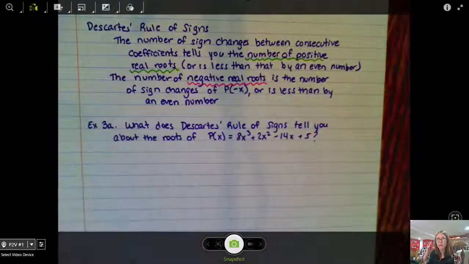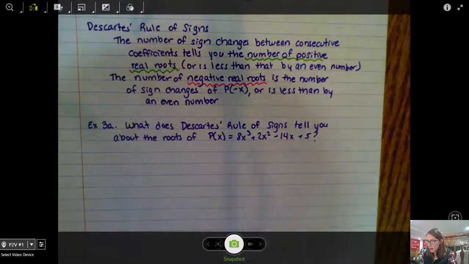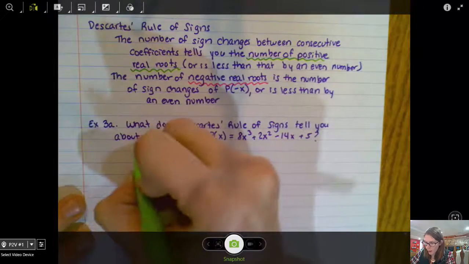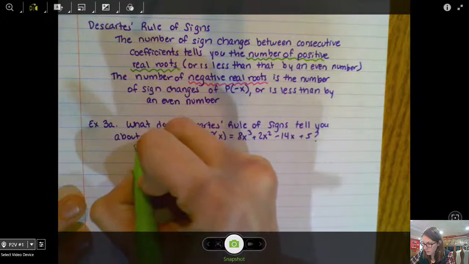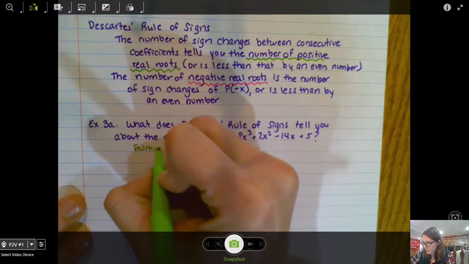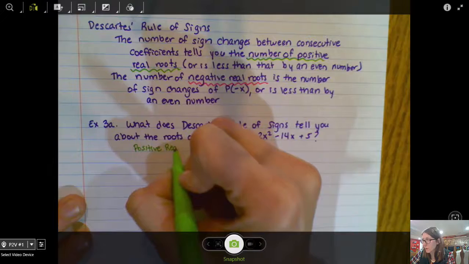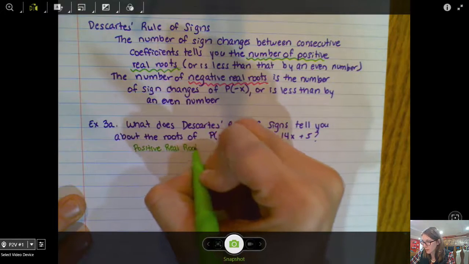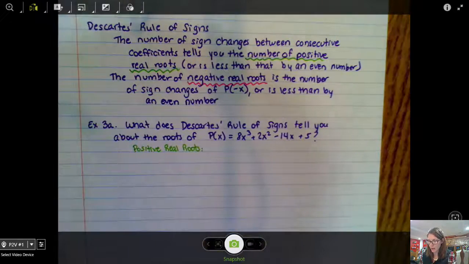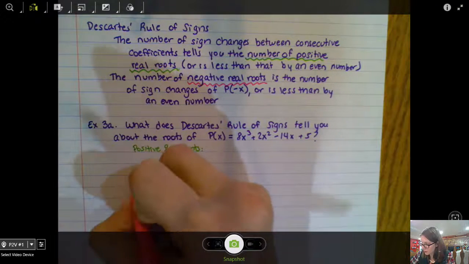All right, so Descartes' rule of signs tells us something about the number of positive real roots, and it tells us something about the number of negative real roots.